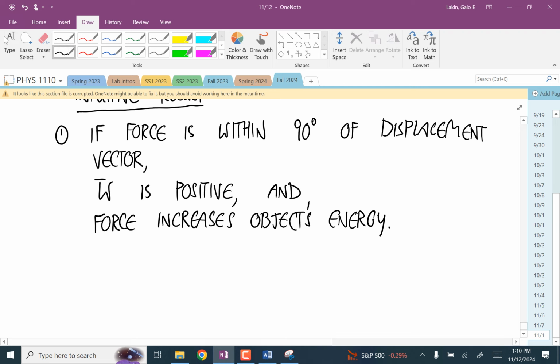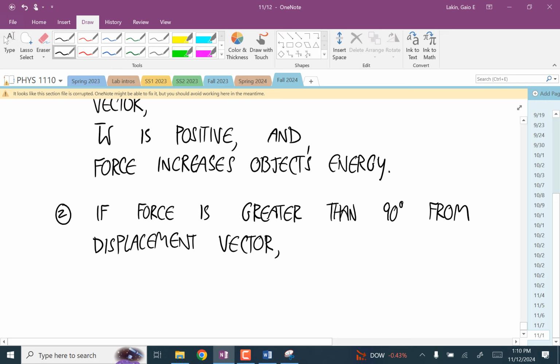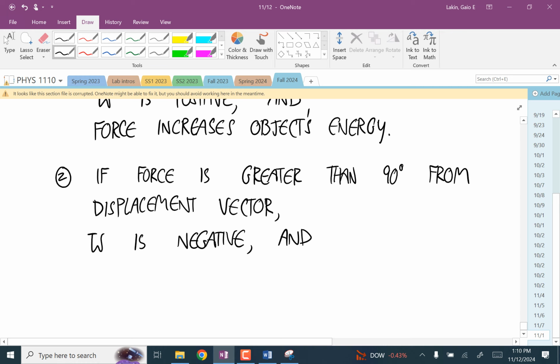On the other hand, if the force is greater than 90 degrees from the displacement vector, then W is negative, and the force decreases the object's energy.